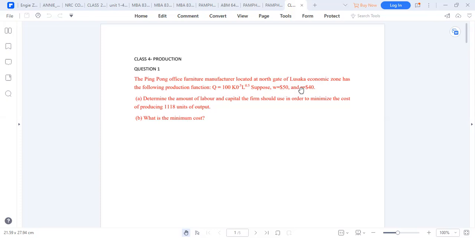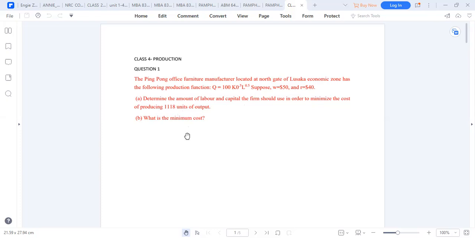Suppose W is 50, R is 40. Determine the amount of labor and capital the firm should use in order to minimize costs of producing 1118 units of output. And what is the actual minimum cost?